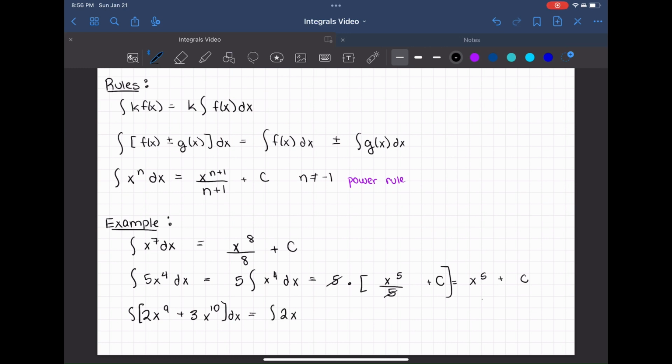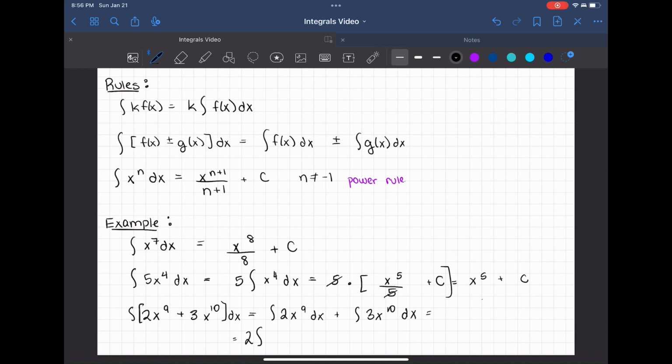That's 2x to the 9 dx plus 3x to the 10 dx. And let's first take care of this. We notice that with 2 and x to the 9, again, we're seeing a constant multiplied by something. So I'm going to go ahead and also take out the 2.